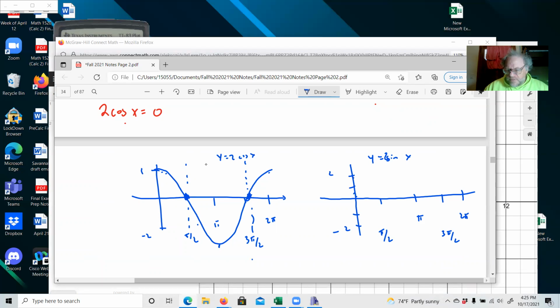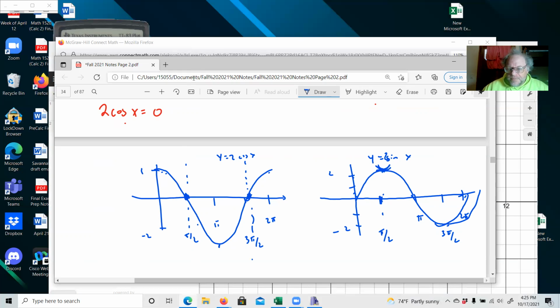So sine x starts off at 0. Pretend that matches up. When cosine is equal to 0, we're at pi over 2. What's happening with cosecant here? Well, that's fine. It's just 1.